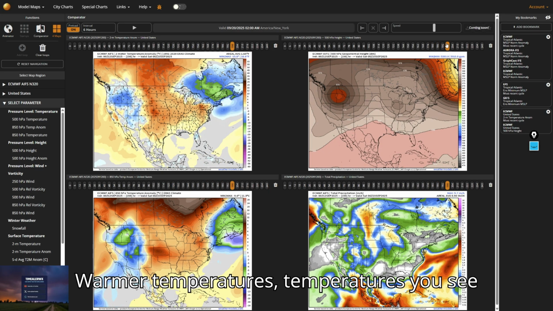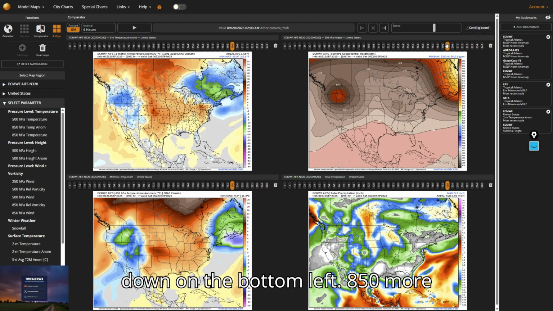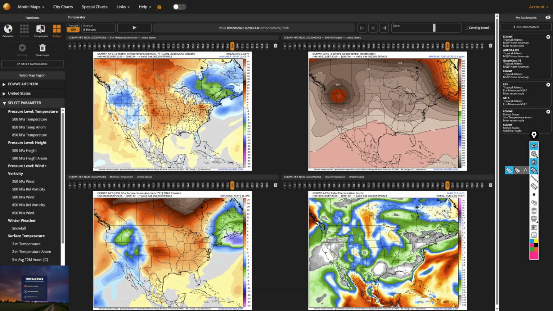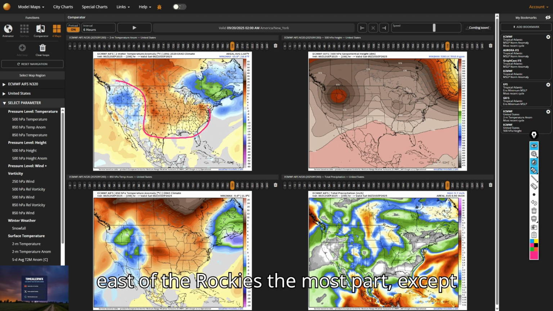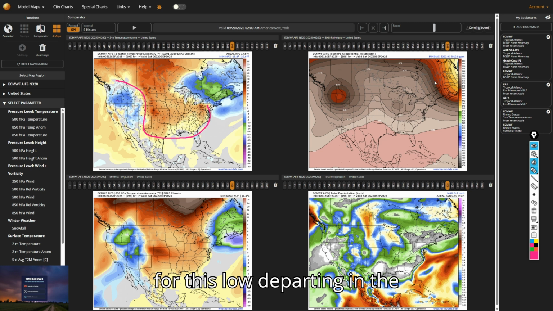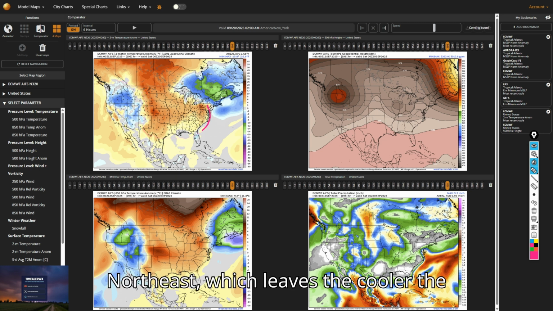Warmer temperatures you see down on the bottom left, 850 millibar temps, and they equate to warmer temperatures over here, east of the Rockies, for the most part, except for this low departing in the northeast, which leads to cooler than normal temperatures up there.